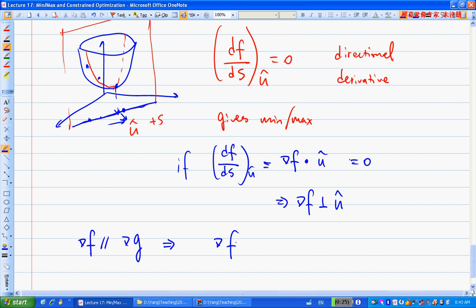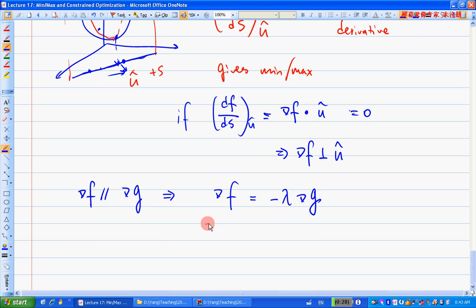If the two vectors are parallel to each other, they must be pointing in the same direction. But in terms of magnitude, it's just a difference of scale, right? Just a different scale.